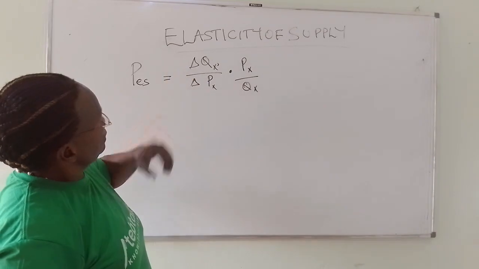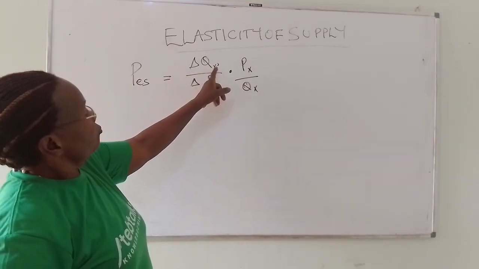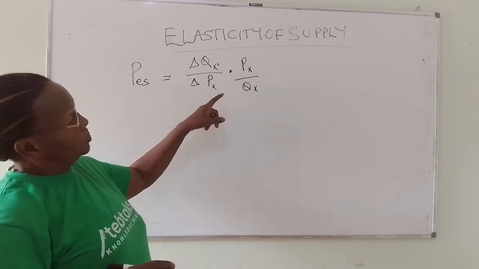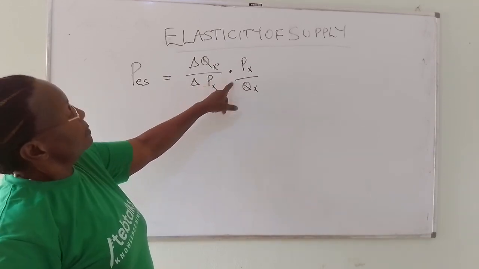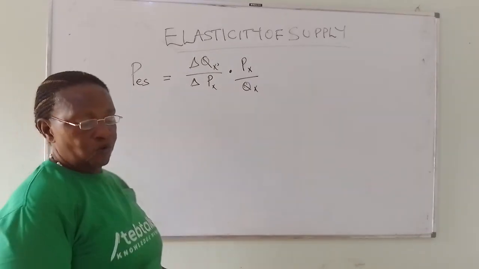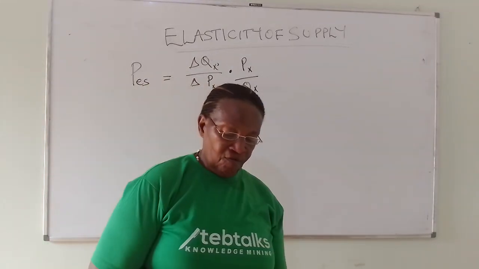Proportionate or percentage change in quantity supplied of X over proportionate change in price of that same commodity X multiplied by the original price of X over the original quantity of X.